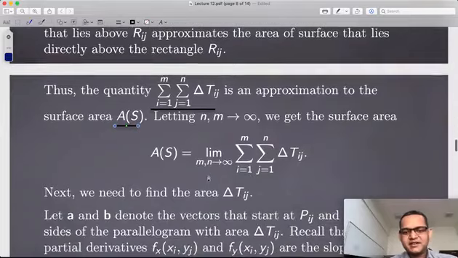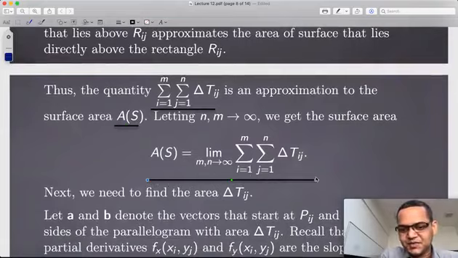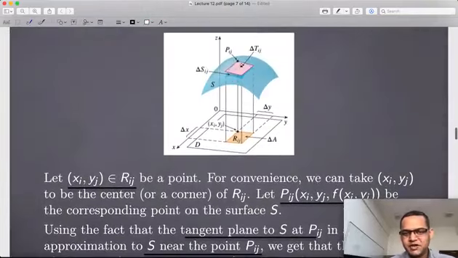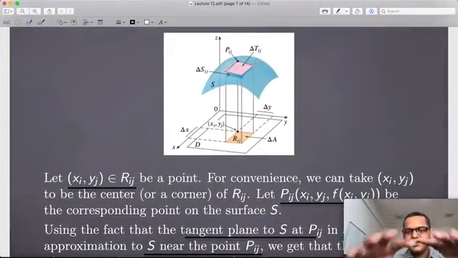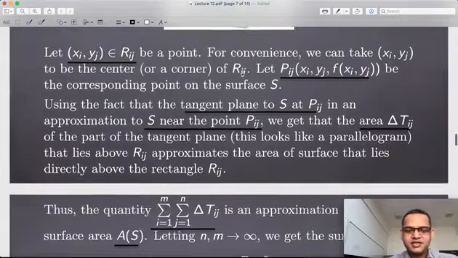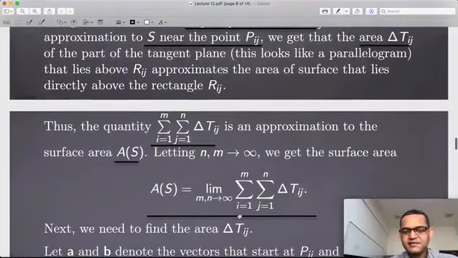So when I make n and m go to infinity, I should get the surface area. This is the whole idea which I was just telling you about. Correct. So what we do, we get this point, and then you take another point, and then take a corresponding parallelogram. So you patch it up, and then at each point you get these small parallelograms, and if I put them together, they should give me the surface area.